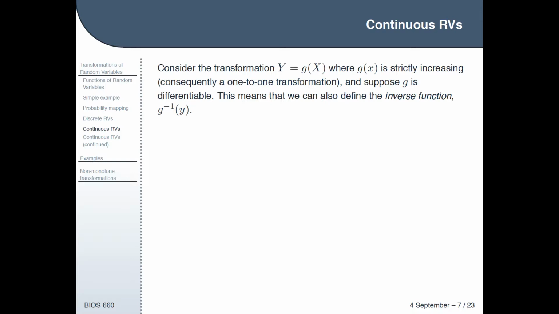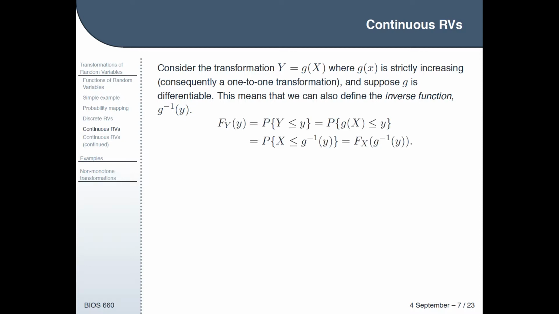For now, let's make our life easy and assume that g of x is a strictly increasing function, hence a one-to-one transformation, and let's also assume that g is differentiable. So this means that an inverse function g inverse exists.